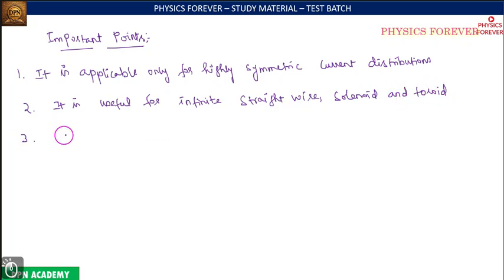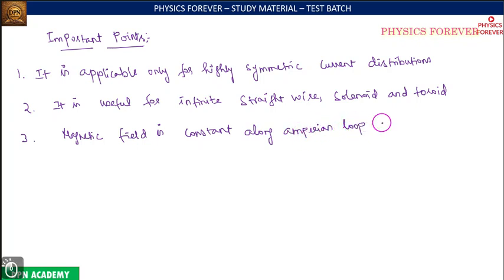So third point, the magnetic field is constant along the Ampere loop because of symmetry. So fourth point, it fails for non-steady current.